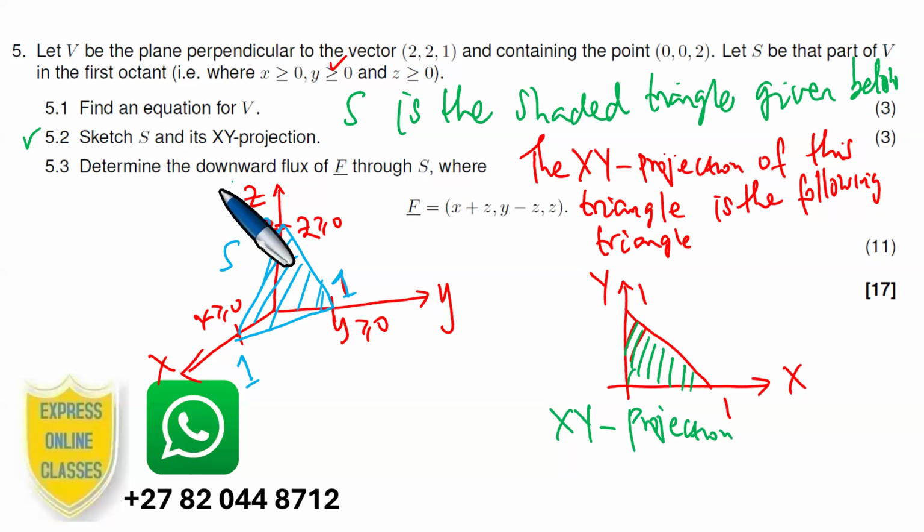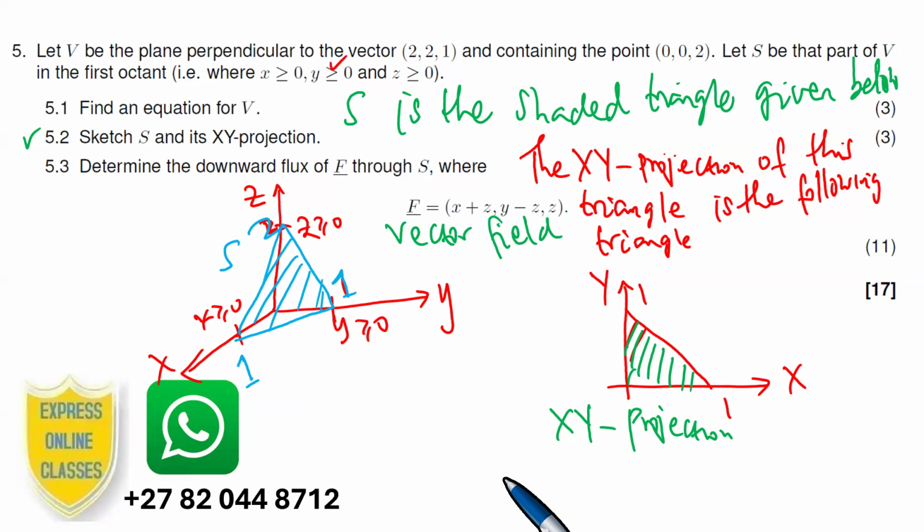Determine the downward flux of F through S, where F is a vector field. To determine the downward flux of F, there are a couple of things we need to take into account. What exactly do we need to take into account here?